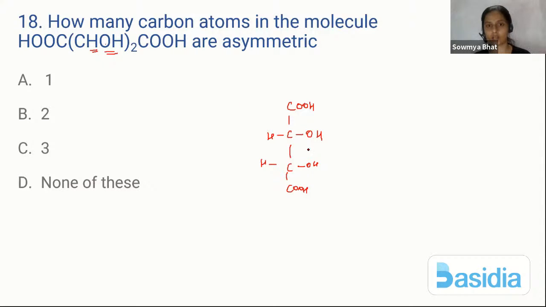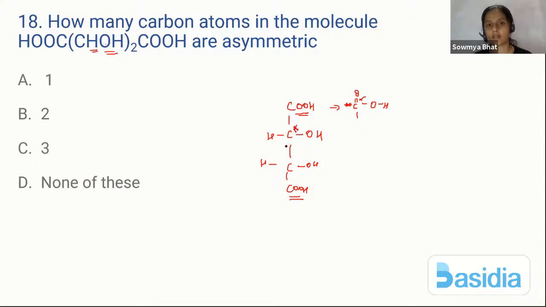A carbon attached to 4 different groups is asymmetric. The carboxylic acid structure would be C double bond O, OH. So this carbon is not attached to 4 different groups. Even the last carbon is not attached to 4 different groups. So this can't be asymmetric.